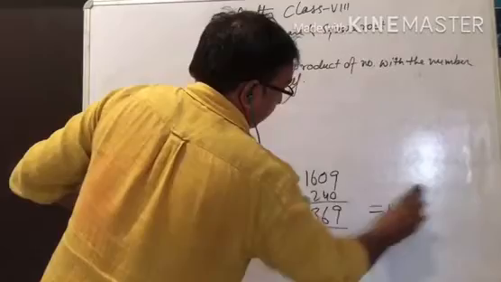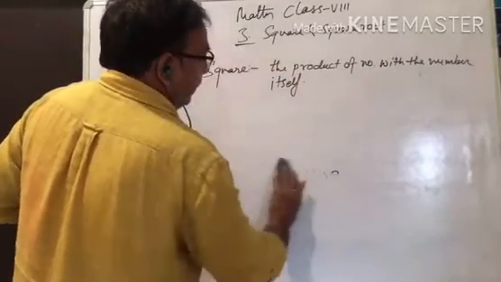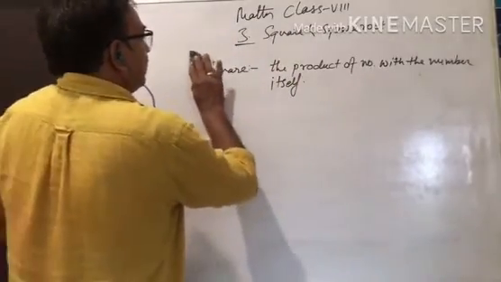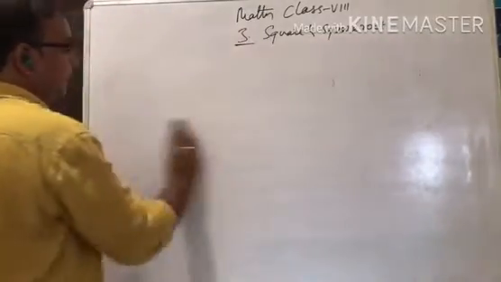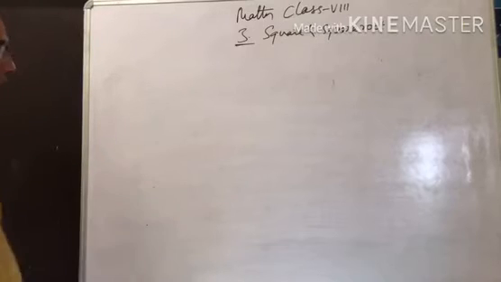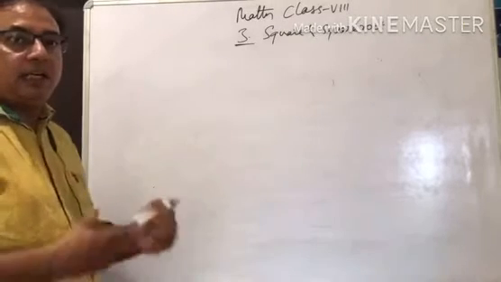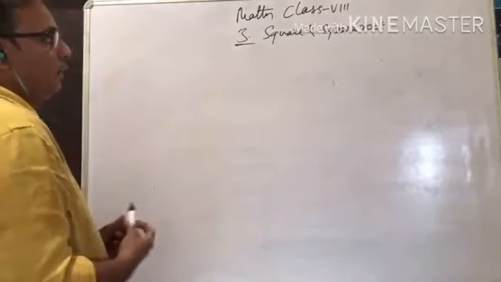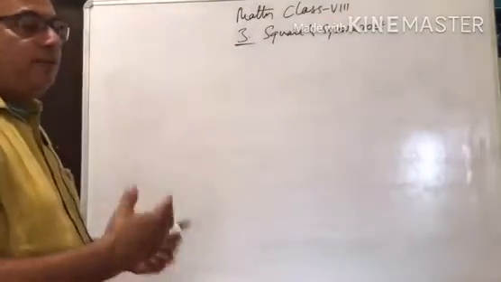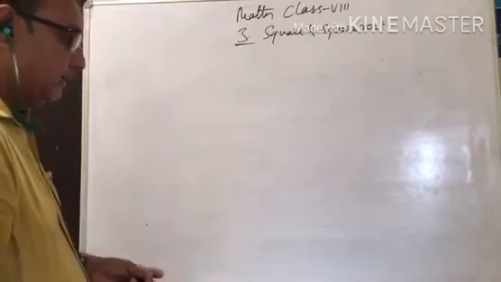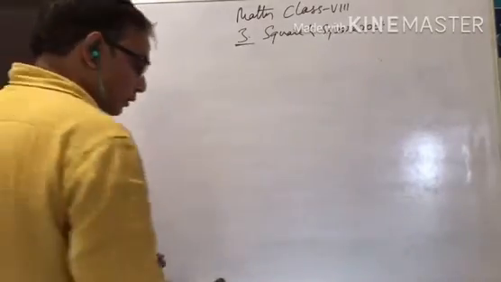Then you can calculate the answer very fast. If you want to improve your calculation, you can start calculating numbers when you are free. It will help you take less time to calculate bigger numbers also.